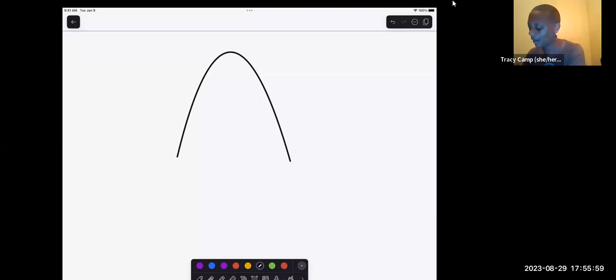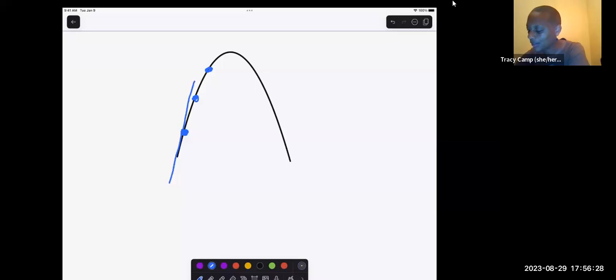I'm just going to plot some points on this curve where the curve is increasing. Notice the curve is increasing there. If we were walking up this curve from left to right, we'd be walking uphill. And I'm going to draw some tangent lines at these points.